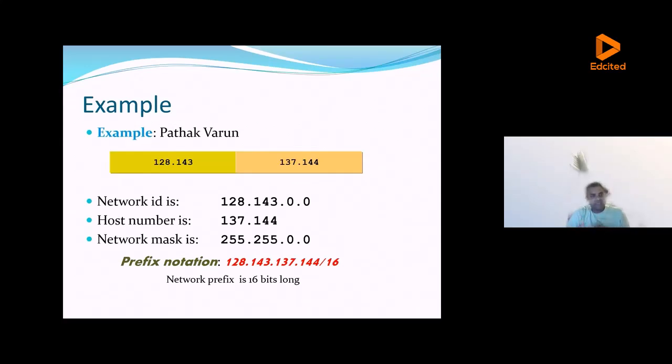Which device do you use to connect them? Correct? Routers, switches, which device? So if it is the same network, you need to use same network IP addresses, it is going to be a switch always. If it is going to be different networks, then you are always going to use a router. So it is important to know whether two devices, two IP addresses, belong to the same network or a different network.